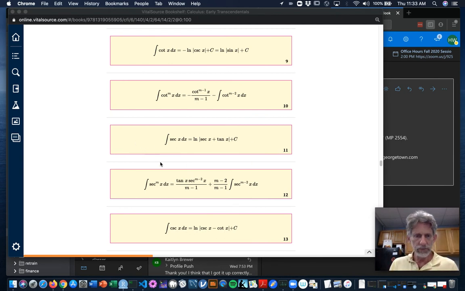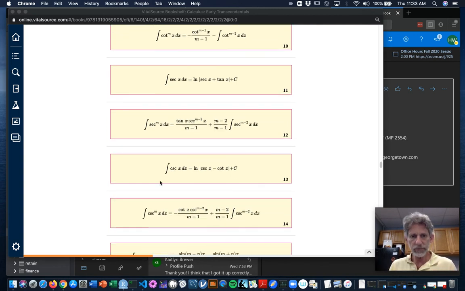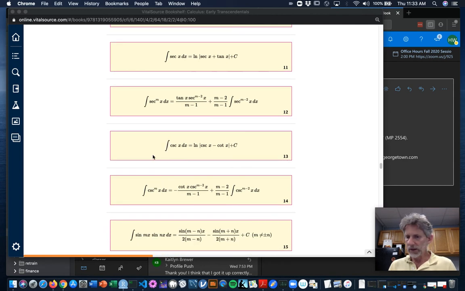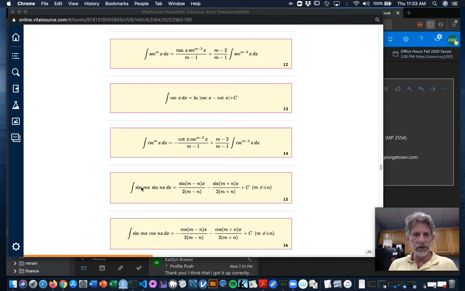It's so useful. And look here, here's a reduction formula to help you with higher powers of secant. Here's the cosecant that we worked out, and a reduction formula for higher powers of that. They even do an interesting discussion, which I think is optional. You don't have to read it if you don't want, of how to get integrals of sine of a number times x times sine of another number times x.